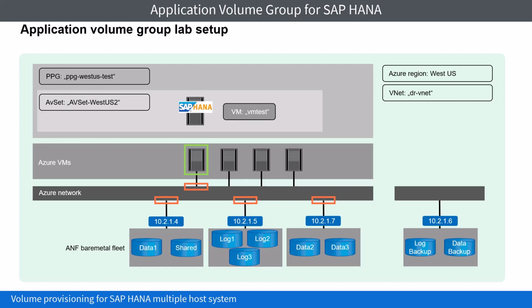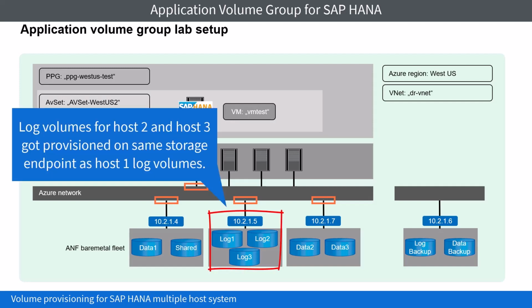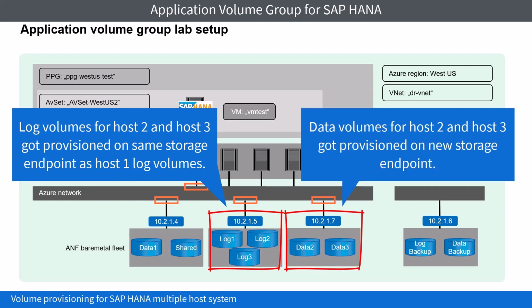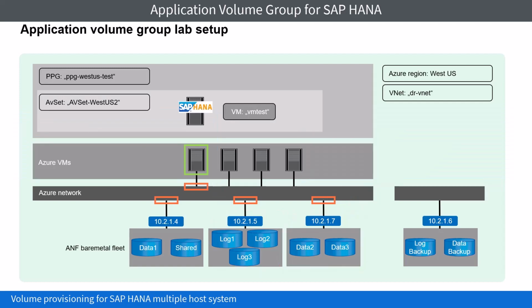The log volumes of the 2 new hosts have been provisioned on the same storage as the log volume of the first host. For the data volumes, an additional storage endpoint has been selected. So for each individual host, data and log volumes are on different storage endpoints and have individual IP addresses.